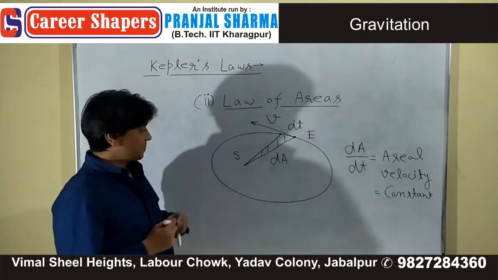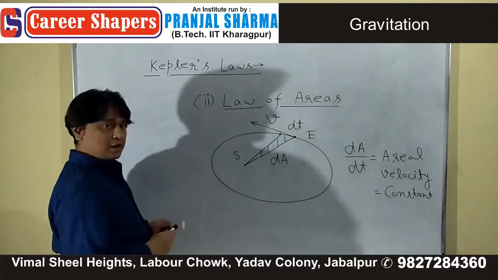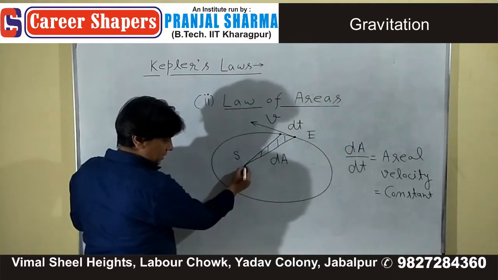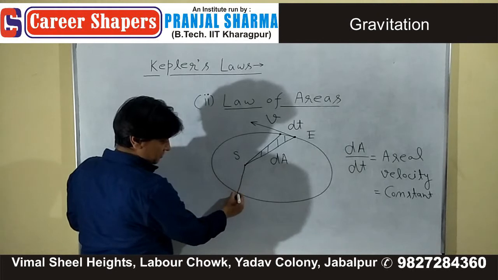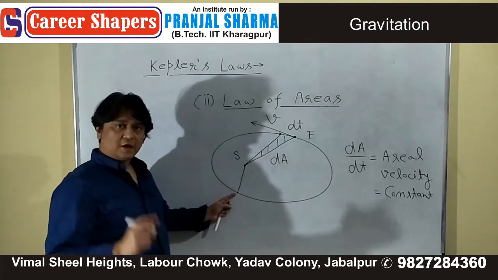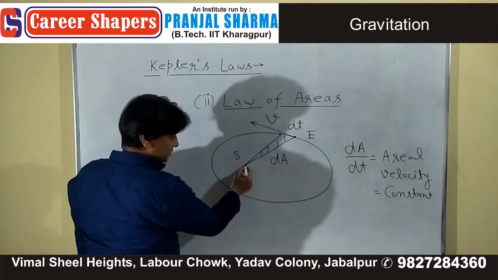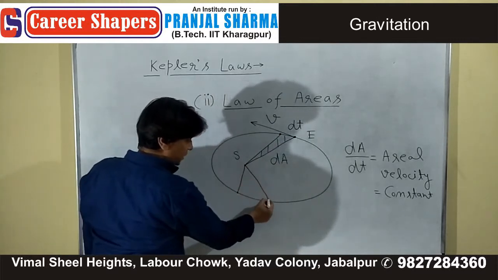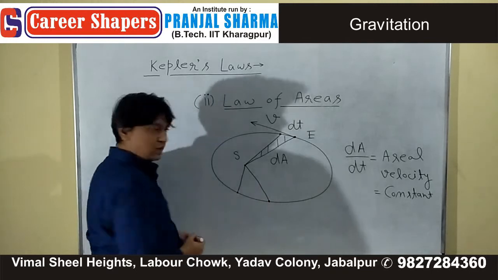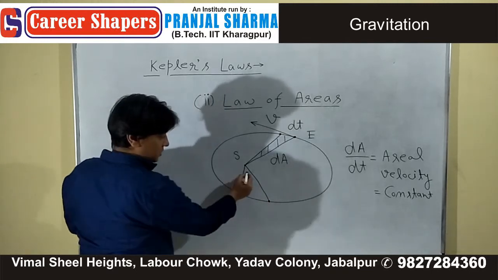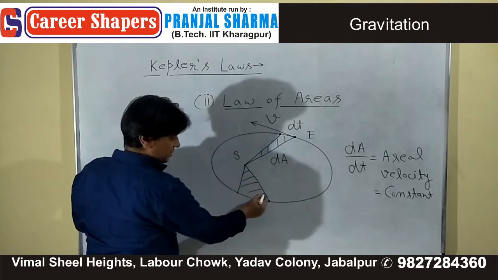Now what is happening? When Earth arrives at this position, and if you take the same time interval dt, then in this time interval dt, Earth will cover this much area.